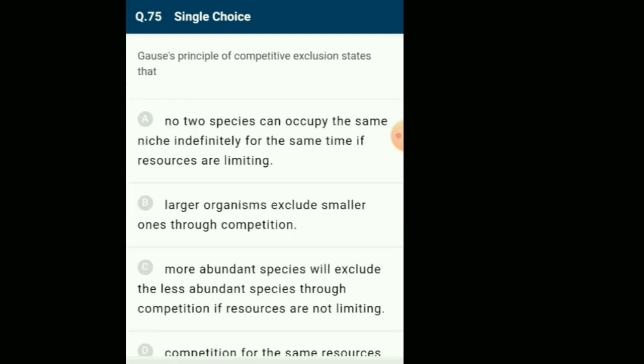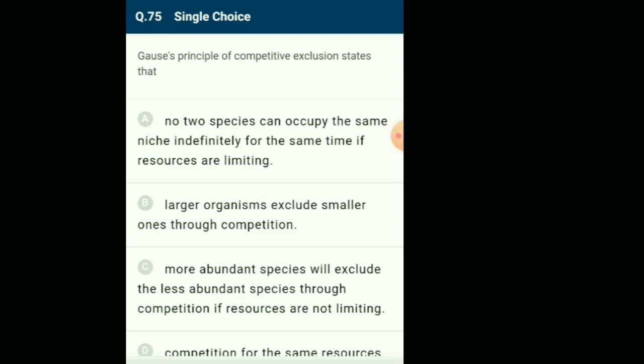Question number 75. Gause's principle of competitive exclusion states that two or more species with closely similar niche requirements cannot exist indefinitely in the same area, as sooner or later they come into competition for position of it.